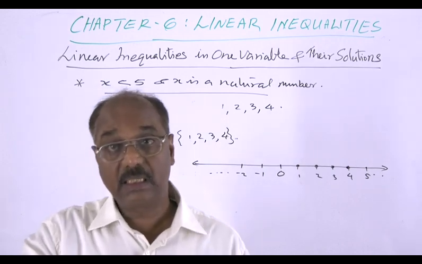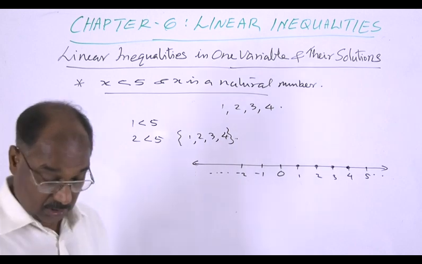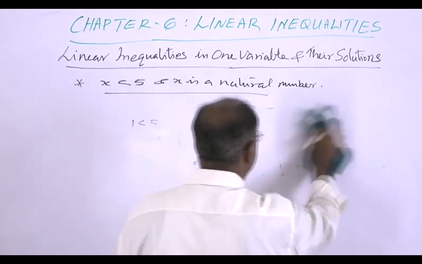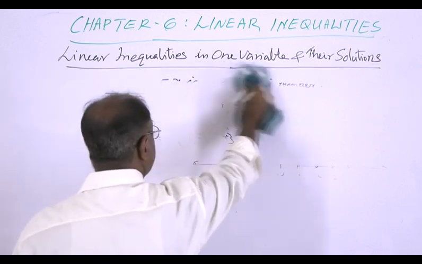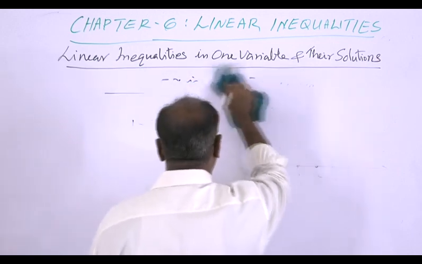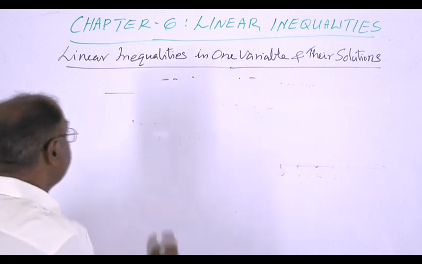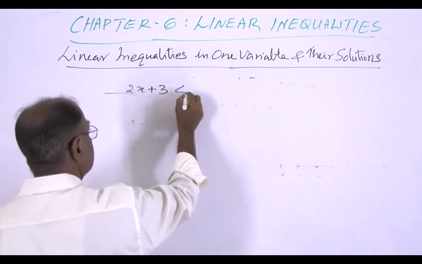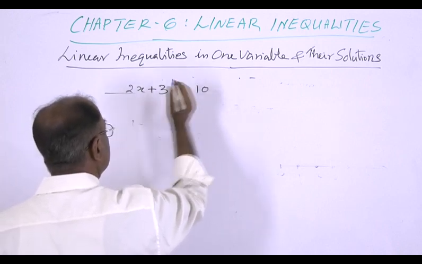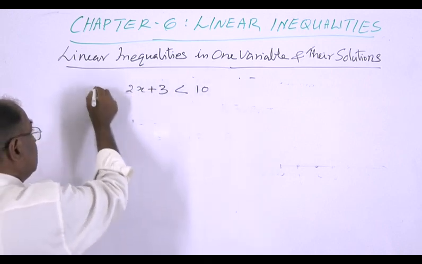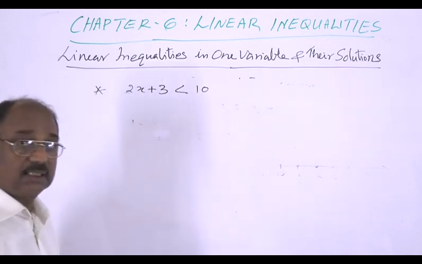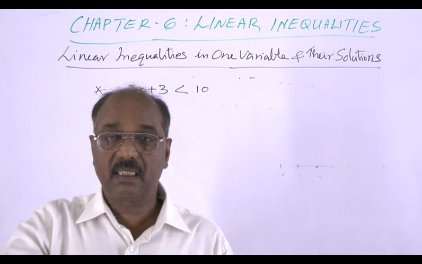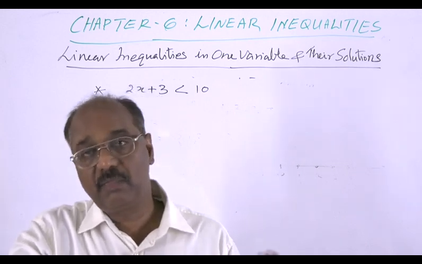We can consider another example. Consider the statement 2x plus 3 less than 10. This is a linear inequality involving only one variable, x.